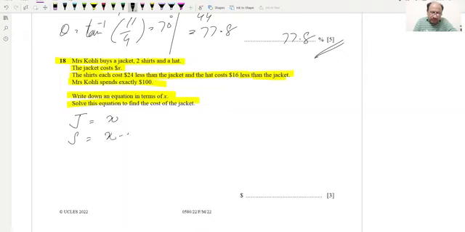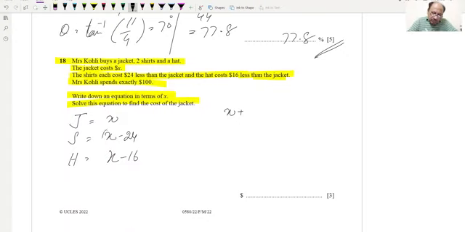Shirt will be x minus 24, and then hat will be taken as x minus 16. Now we can form the equation. Kohli has bought 1 jacket, so it will be x plus 2 shirts.